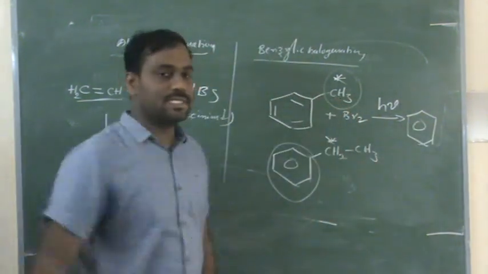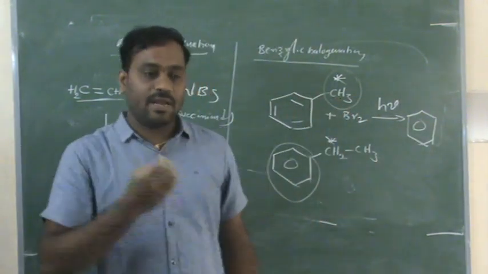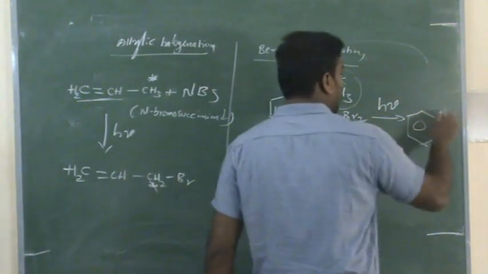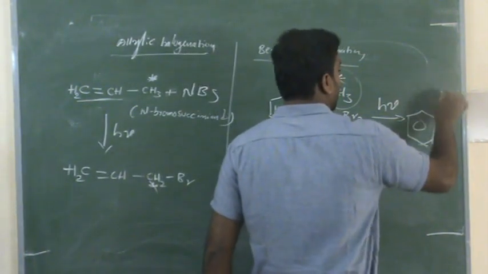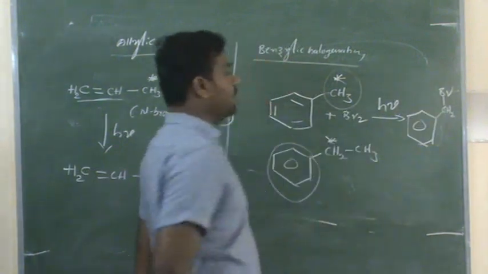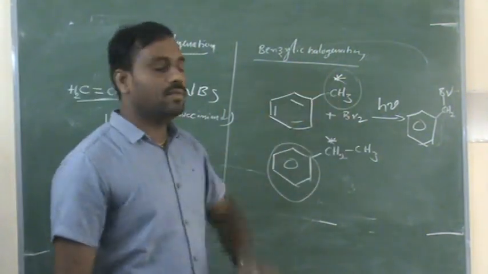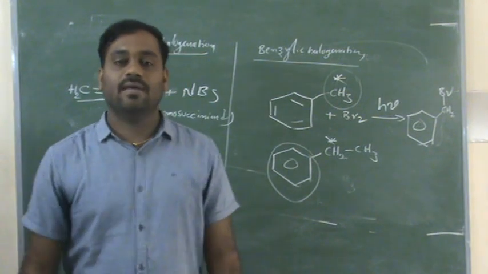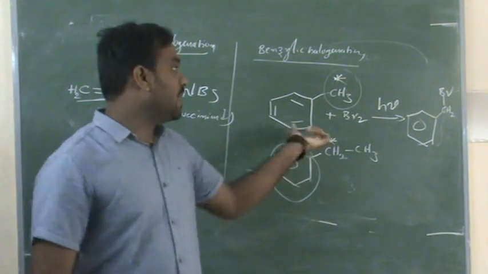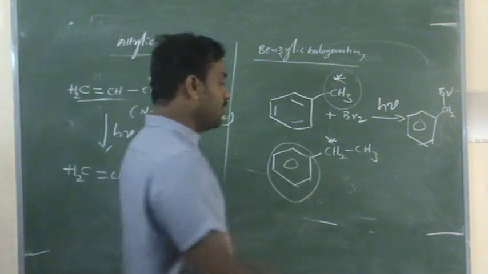How many hydrogens are there here? Three. Remove one hydrogen, and it becomes CH2Br. Where is the Br attacking? It attacks the benzylic position. That's why it is called benzylic halogenation.